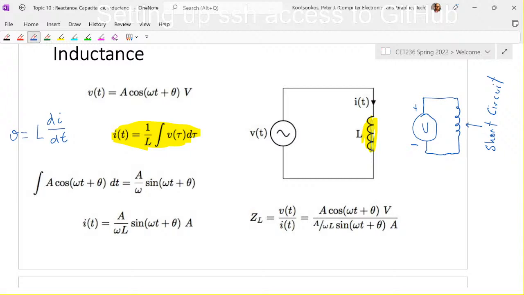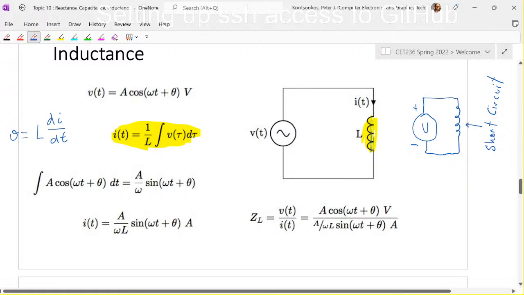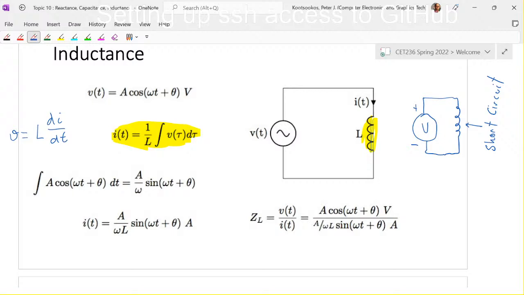Right? Newer cars use the electronic version, but older cars used to have a thing called a coil.